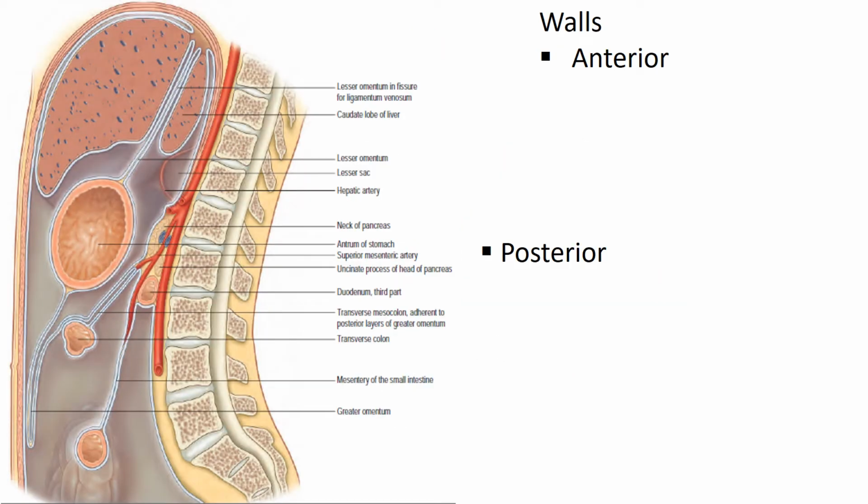Now in this lateral sectional view, let's identify the structures forming the anterior and the posterior walls of the lesser sac.